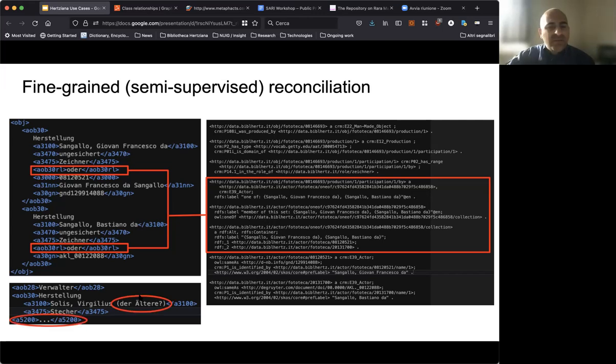Similarly, there are here below other ways for the inputter to express that they were not sure whether it was Virtuoso Solis, the elder one or the younger one, who created another item, and whether the title, this is title A5200, is not known, and whether it's three dots. All this is pretty much non-standard. For some of it, you can have heuristics, but for some of it, I would be more keen, and maybe others would be, to keep the procedural aspects.